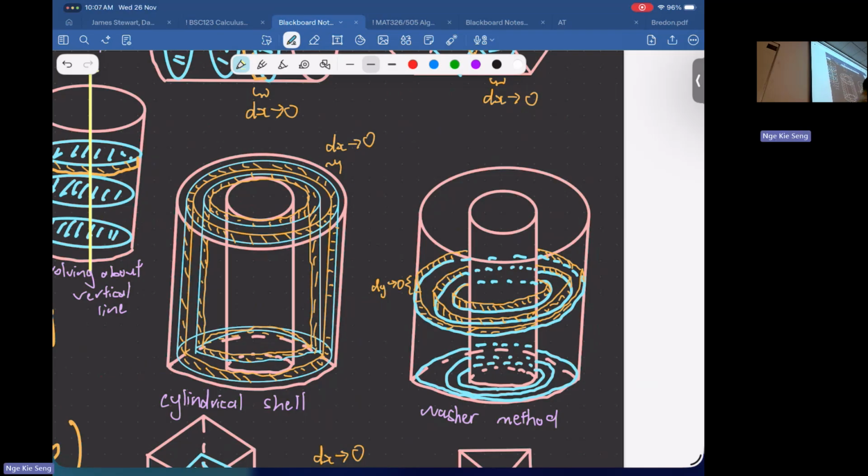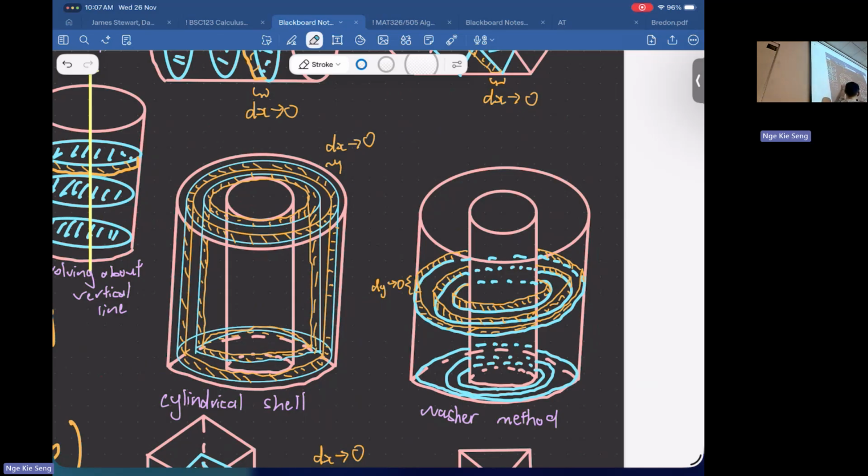And then cylindrical. Cylindrical is quite similar to the washer if you notice, but for cylindrical you have the cylinder height. So what's the volume of a cylinder? 2 pi r times h.